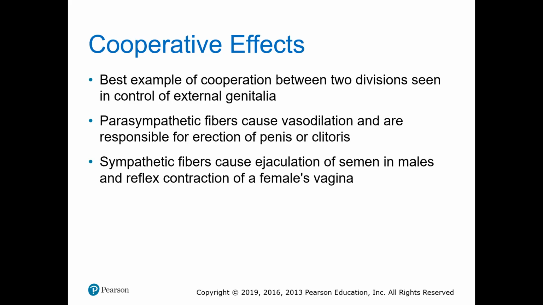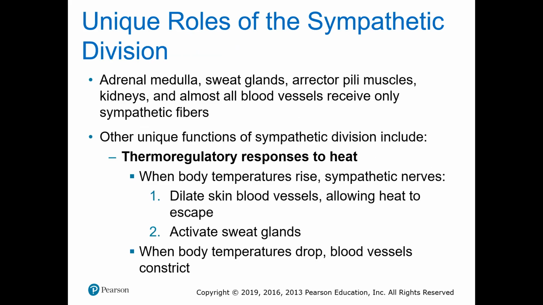But orgasm, ejaculation, and, as I say, the reflexive contraction of the vagina are sympathetic responses. So the parasympathetic side brings your male and female to the height of arousal. The sympathetic response triggers orgasm in both. So the two systems are working together for that.